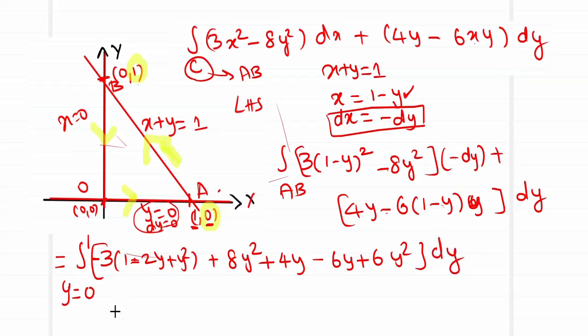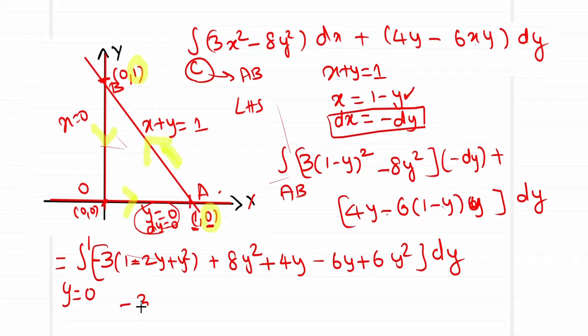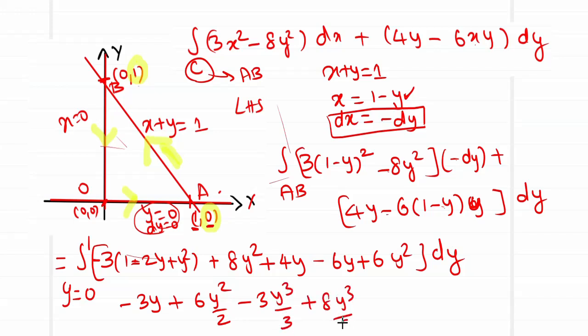On simplification, we can notice that this gives the value as minus 3 with respect to y, minus into minus plus 3 twos are 6, y on integration gives you y square divided by 2, plus, sorry, it is going to be minus sign of 3 times y square, on integration is y cube divided by 3, plus 8y square, y cube divided by 3, plus 4y square divided by 2, minus 6y square divided by 2, plus 6y square is y cube divided by 3.